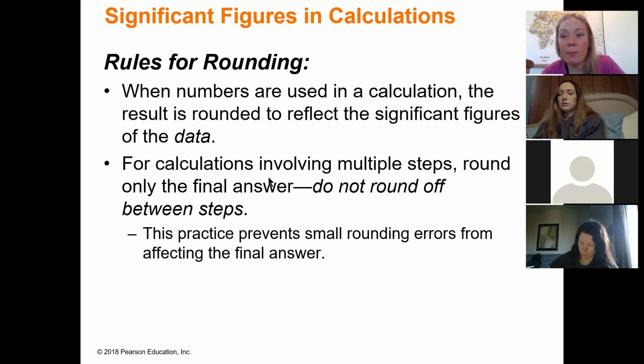So if I have a really precise piece of information and a really crappy piece of information and I multiply those 2 numbers together, my final answer can only be as precise as my crappy piece of information. So we have to do a certain amount of rounding. For calculations involving multiple steps, don't round until the very end. Don't round between steps, keep as many decimals as you can. This prevents rounding errors that add on top of each other.